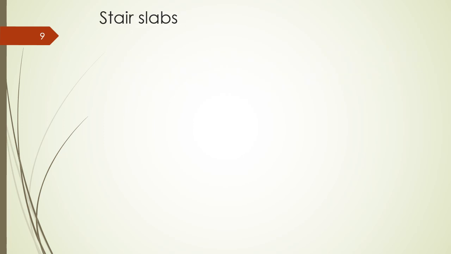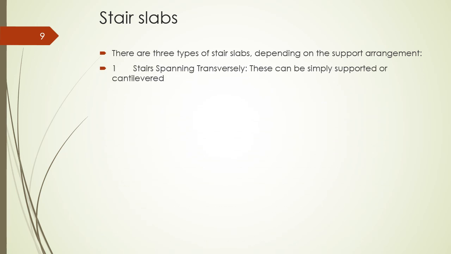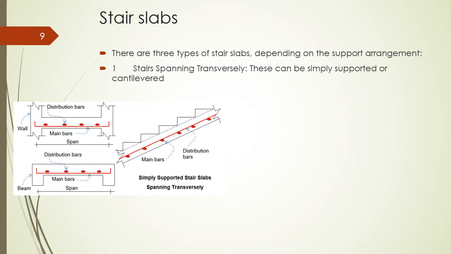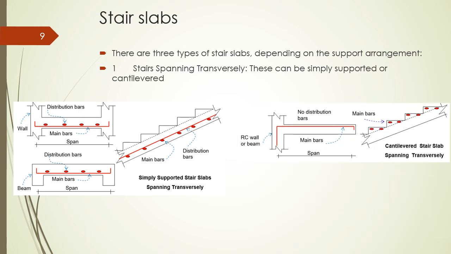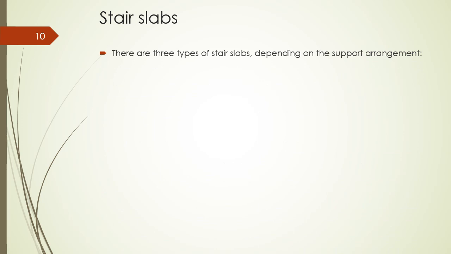Stair slabs can be further categorized into 3. The first one being stairs spanning transversely. This is where the supports are on 2 sides of a particular stair, or where the stair is cantilevered off the support. The second category of stair slabs are stairs spanning longitudinally.